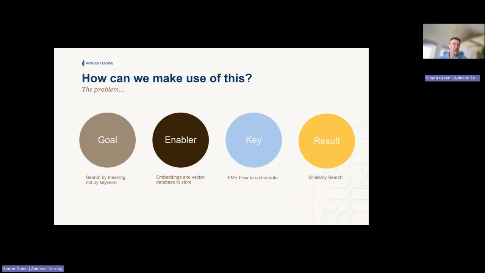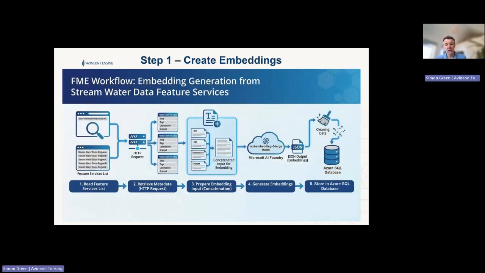Part of this technical solution that I'm going to talk about now will utilize something called FME Flow, which is a cousin, if you like, of the data interoperability tool, and is an enterprise data orchestration tool set. So how does this process work, and how do we create these embeddings?